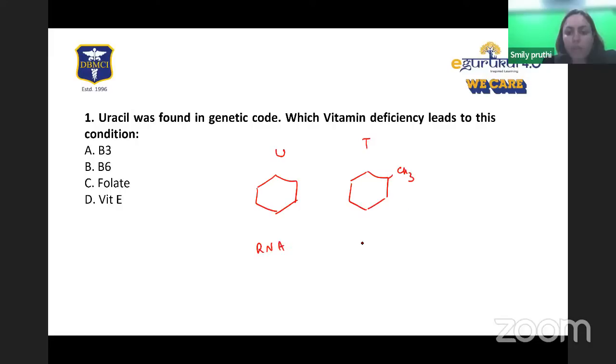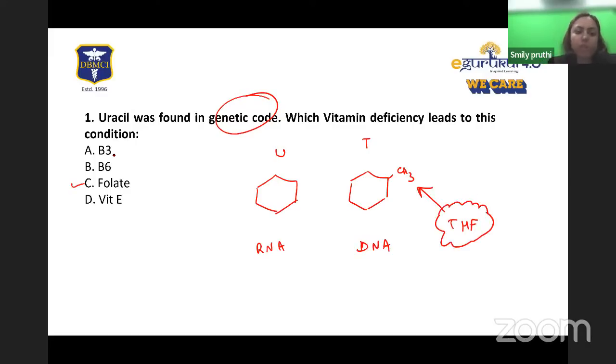Thymine, with a methyl group, is found in DNA, right? Genetic code usually should be having thymine, right? Now, if uracil is there, it means this methyl group is not added, and the source of this methyl group is tetrahydrofolate. So answer is folate here, right? Uracil found in genetic code, vitamin deficiency will be folate deficiency.